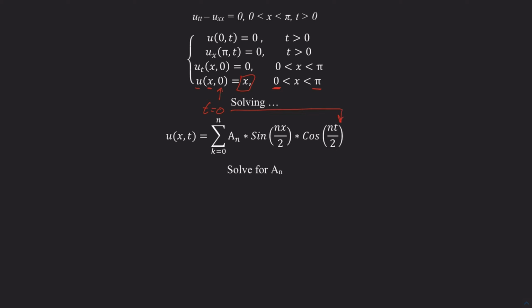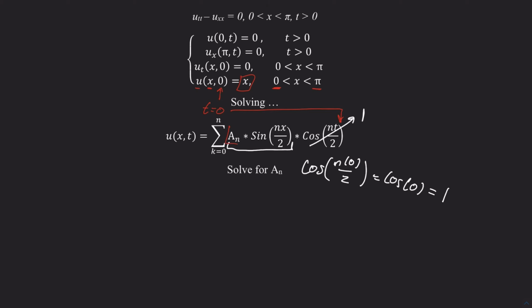And as we know, cosine of n times 0 over 2 equals cosine of 0, and this equals 1. So we can cancel out this entire last term because this equals 1. And this is the solution that we're working with when we take the integral using the Fourier series definition.